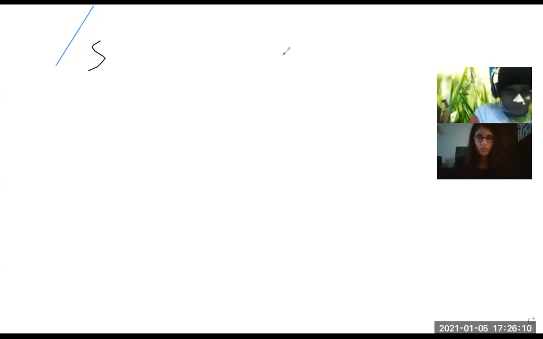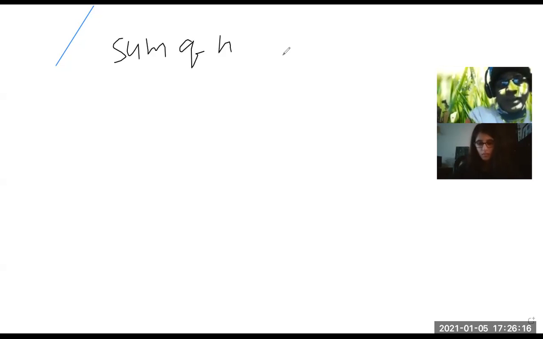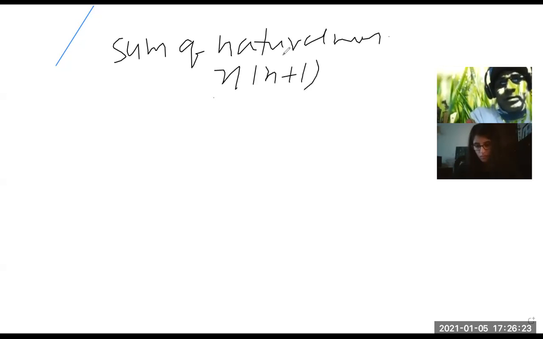Sum of natural numbers: n into n plus 1 upon 2.